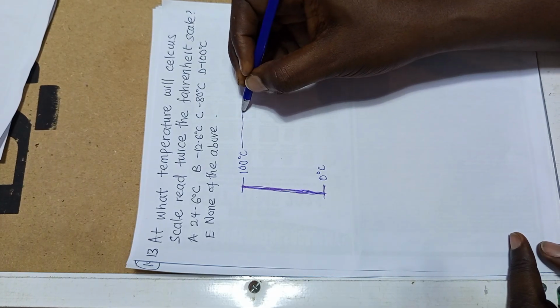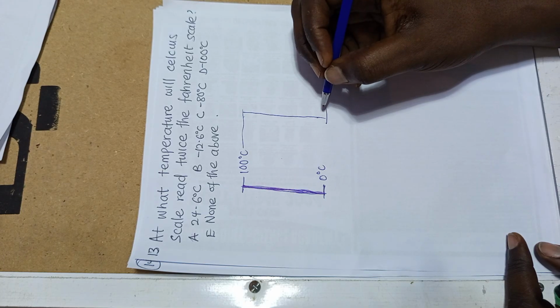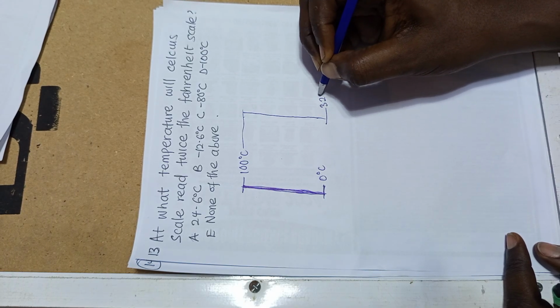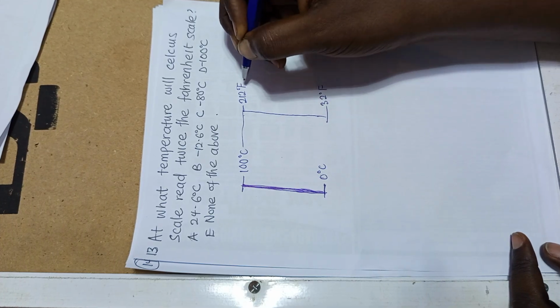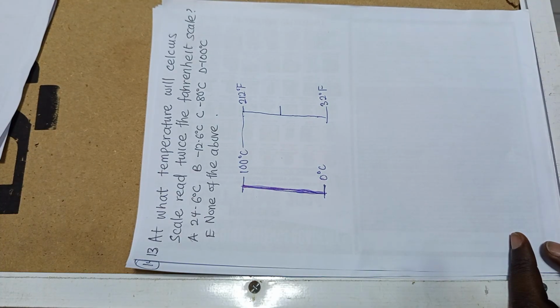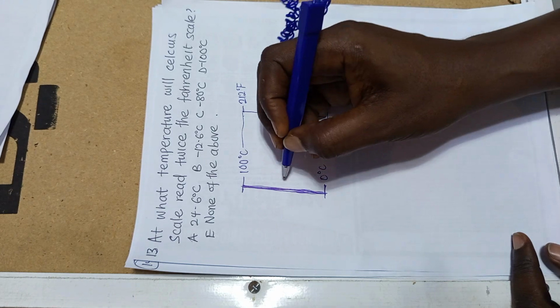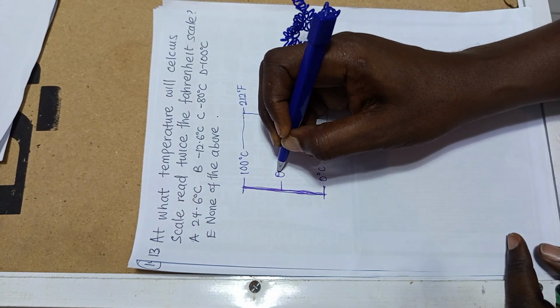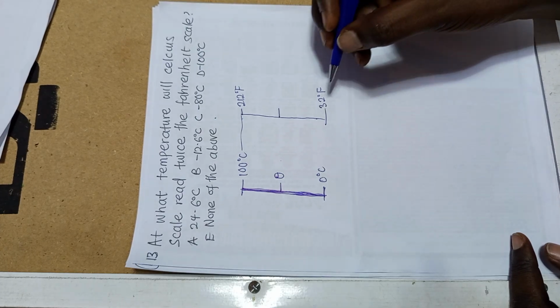Then let's have the Fahrenheit scale, 32 degrees Fahrenheit and 212 degrees Fahrenheit. Now, at what temperature will the Celsius scale be two times the Fahrenheit scale.